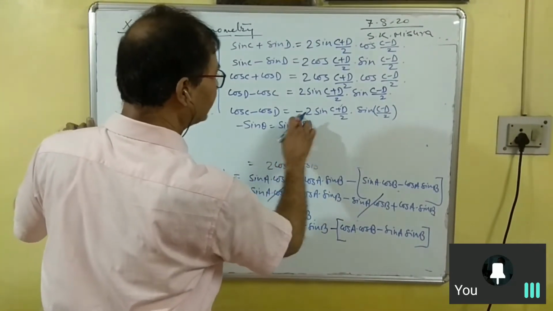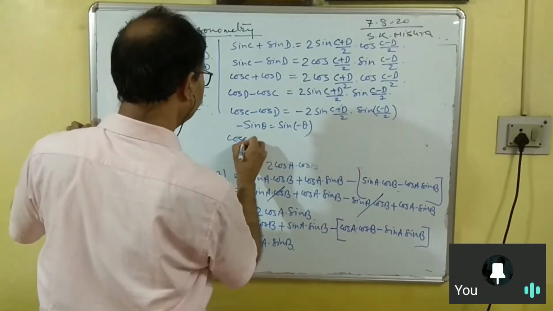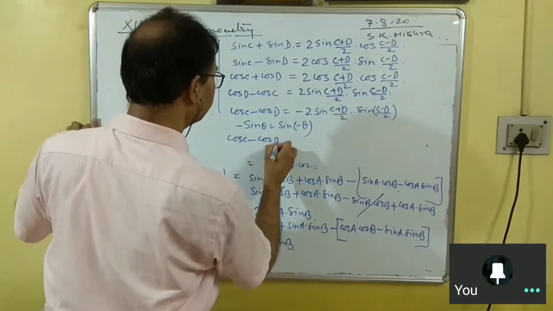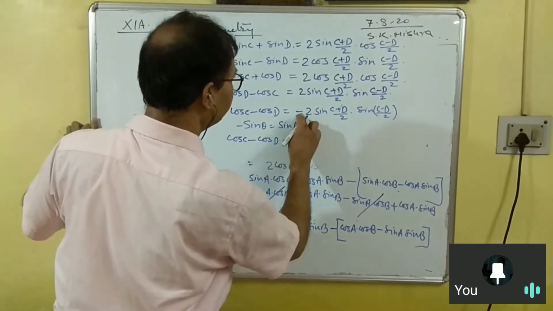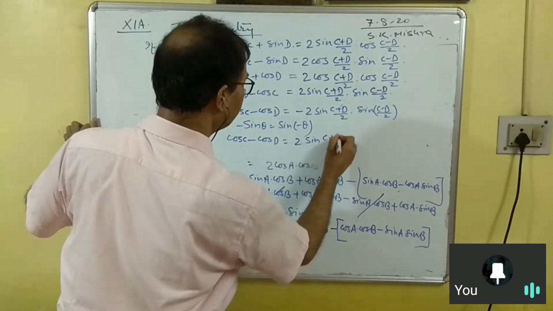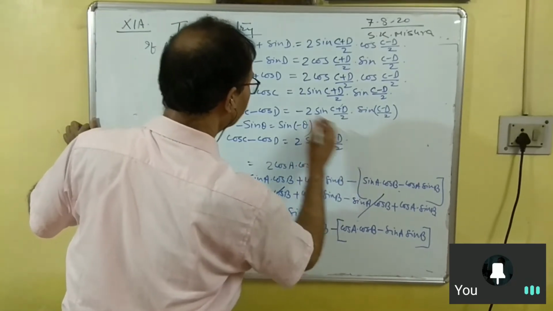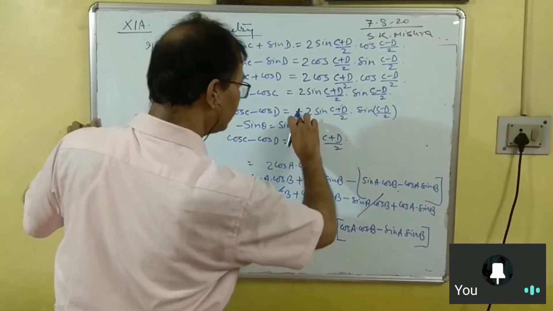Now, minus of this term, how can you write it? So cos C minus cos D is equal to minus, and we are writing minus here only, 2 sin (C plus D) by 2 into sin of minus theta.